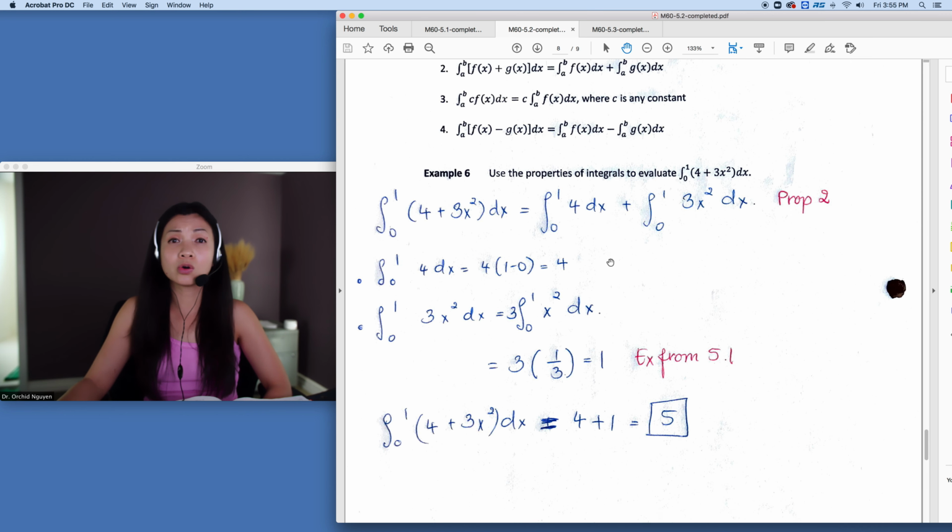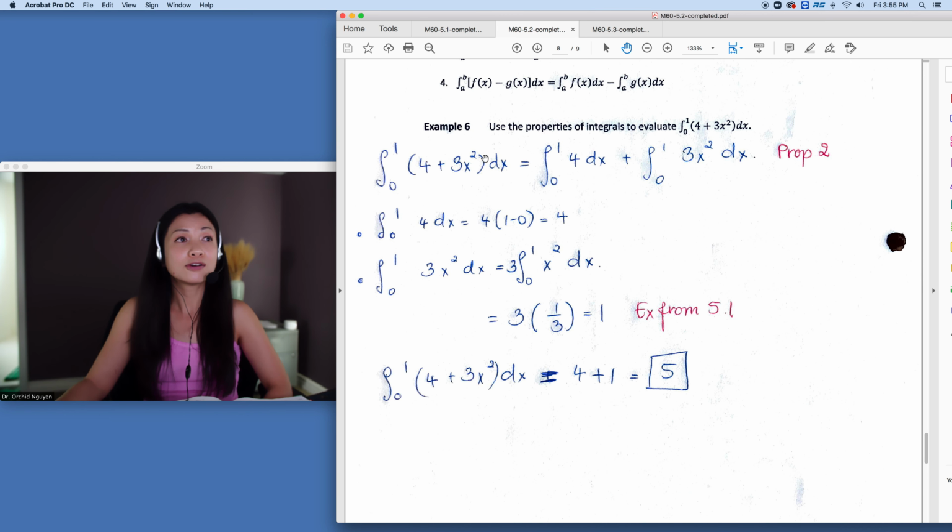All right, so example 6 right here, I want to use the properties of the integral to evaluate this. So you see that first of all, I can break it into the sum of two integrals. And then we know that 4 is just a constant. So I just take 4 times 1 minus 0, b minus a, right?